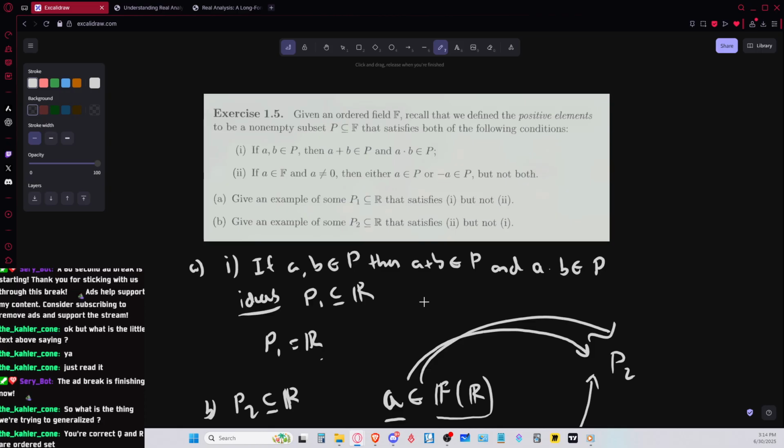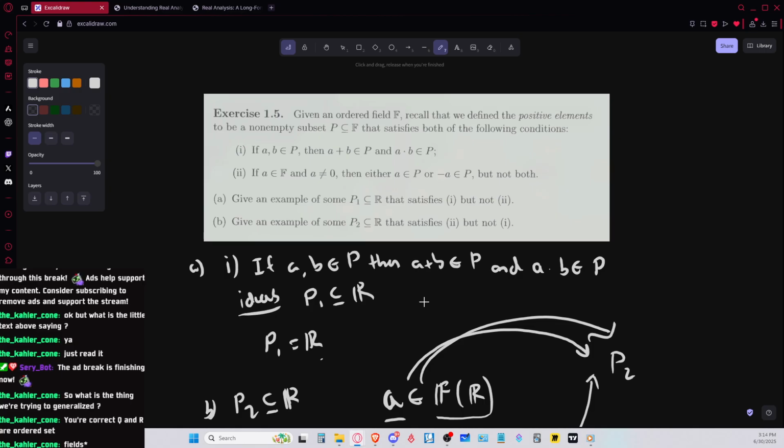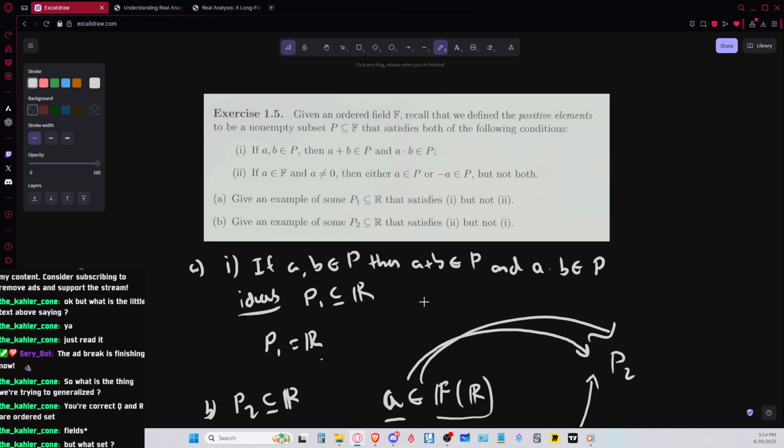Because if it is a field, then it's not an operation, but a set of rules that has to be abided by within a set in order for it to be, quote unquote, an ordered field.